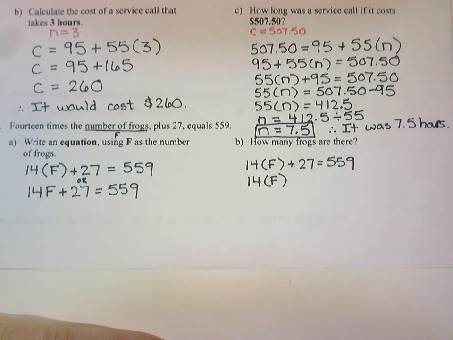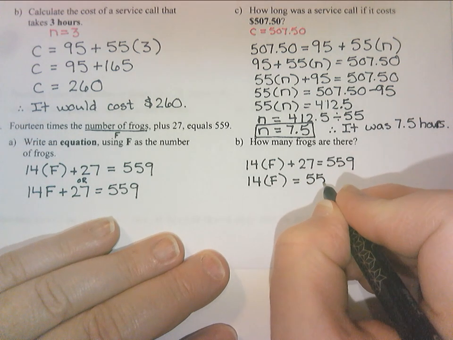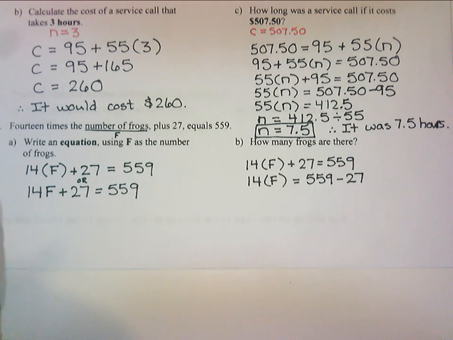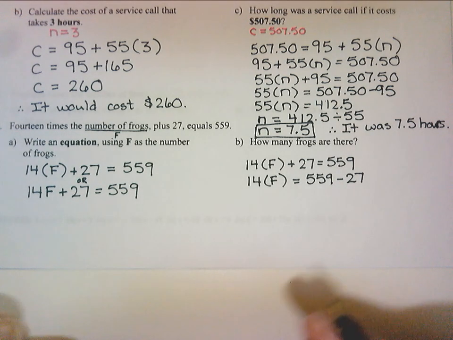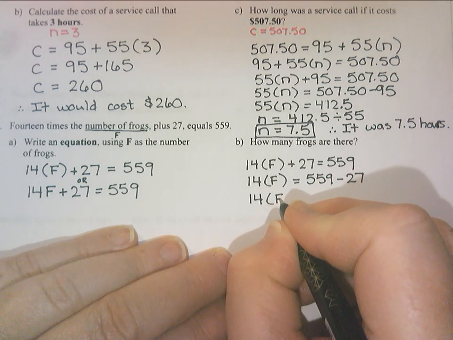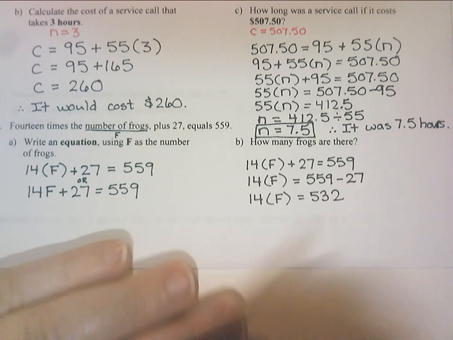So I would subtract 27 from 559. 559 subtract 27 is 532. So 14 times f equals 532.